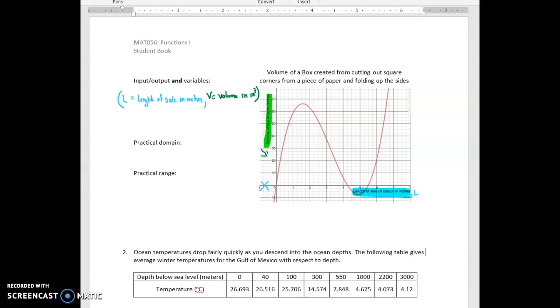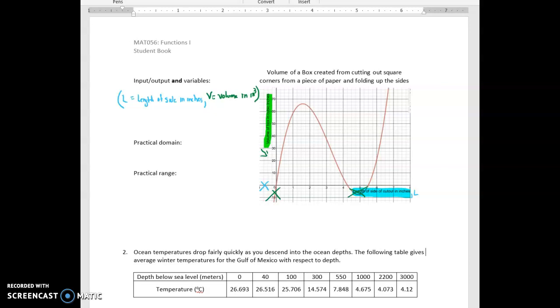Then we still have positive inches, but now we have negative volume, and volume can't be negative, so that's going to go away. Volume also cannot be negative over here.